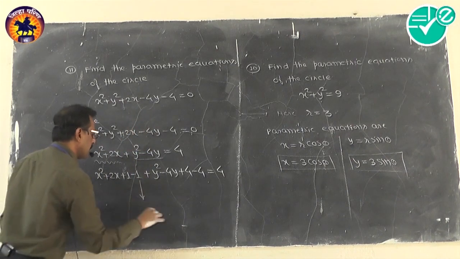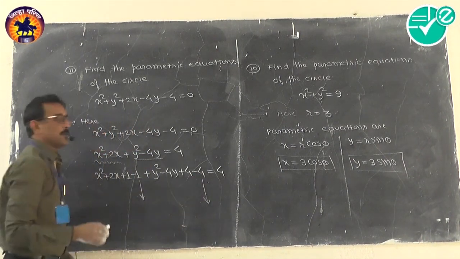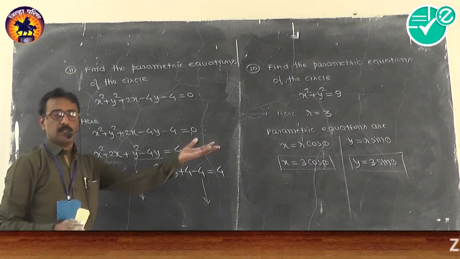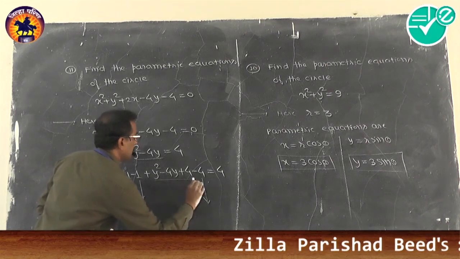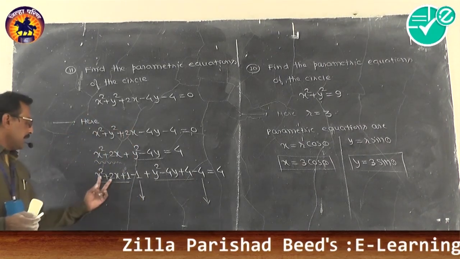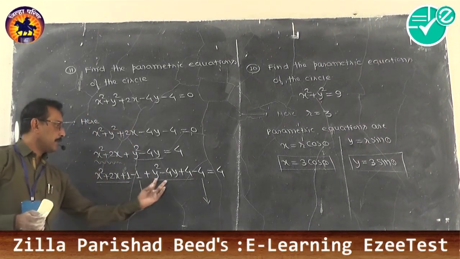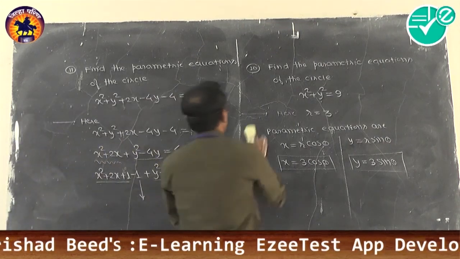Now this is minus 1 and this is minus 4, this is minus 5. Minus 5 if we take on the right, then it becomes plus 5, and these expressions can be written as a perfect square. It is a perfect square of x plus 1, and a perfect square of y minus 2.